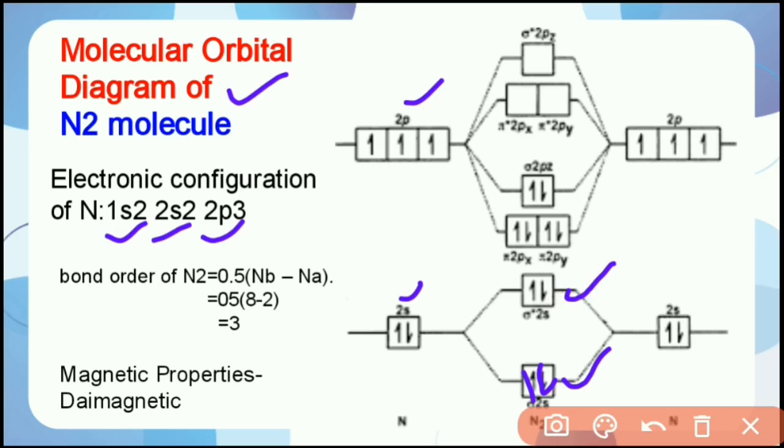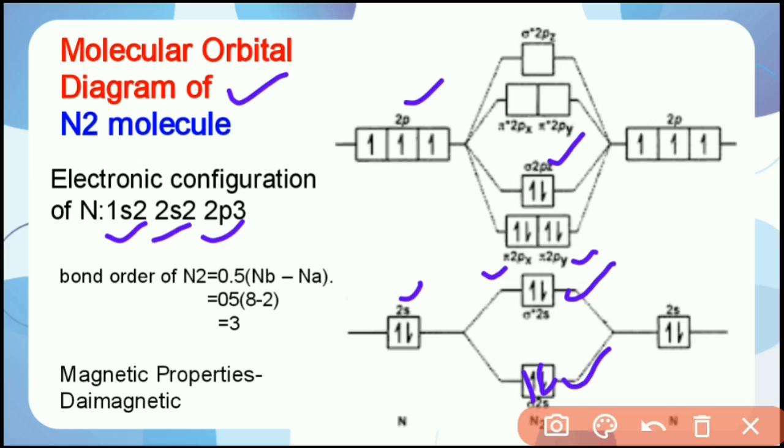Let's see the p orbitals and their arrangement in the molecular orbitals. First write pi 2px and pi 2py. They are similar in energy level, so write them at the same energy level, and after that write sigma 2pz, whose energy level is lower as compared to 2px and 2py.